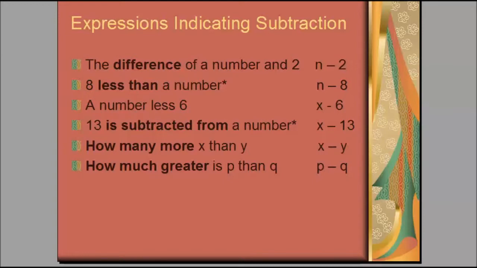A number less 6 is simply x minus 6. 13 is subtracted from a number as x minus 13. Again, notice that the order of the verbal expression and the algebraic expression are opposite. How many more x than y is found by subtracting, that's x minus y. How much greater is p than q is p minus q.